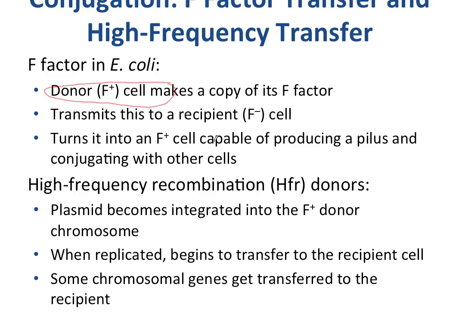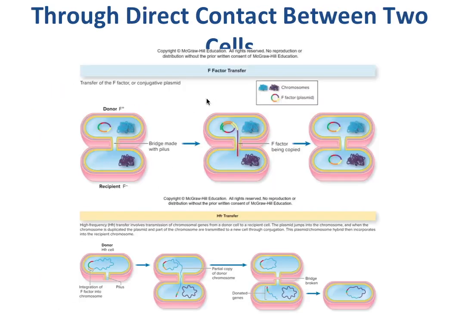So, high frequency recombination donors. The plasmid becomes integrated into the donor chromosome. Once replication happens, it begins to transfer to the recipient cells. So we can see here, this is fertility factor transfer.